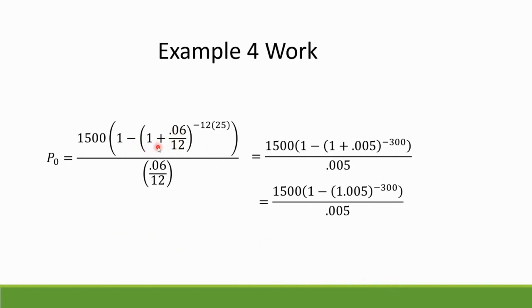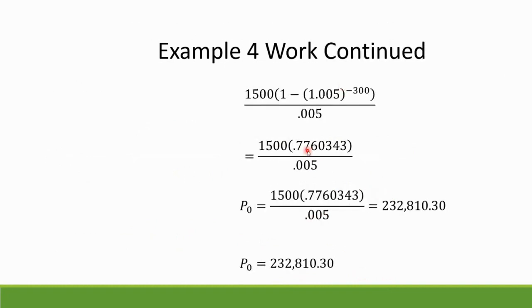Work from the innermost parentheses outward. We have 0.06 over 12, that's 0.005, and we do that on the bottom as well. 1 plus that is 1.005. The exponent is negative 300, so we raise it to the negative 300 and we get this thing.